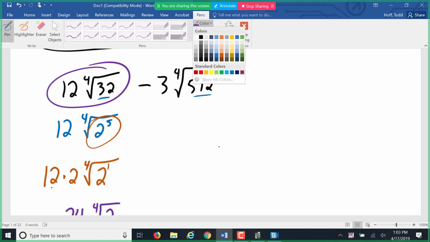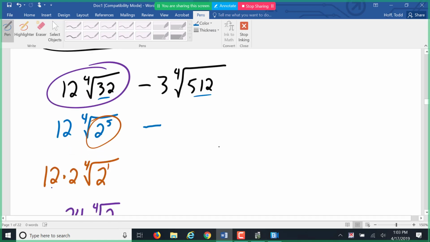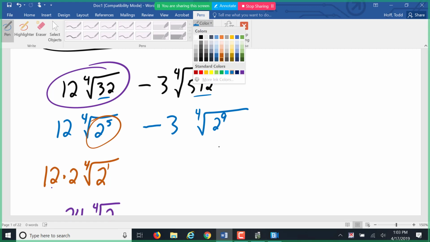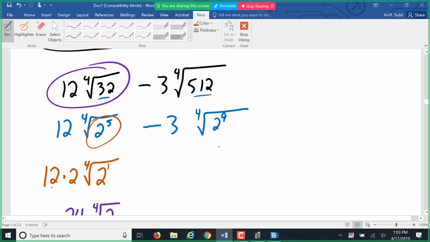Well, that's minus 3 times, 512 is 2 to the power 9. I have the fourth root of 2 to the power of 9. Remember, when we simplify, we divide the power by the index of the root. How many times does 4 go into 9? 2.